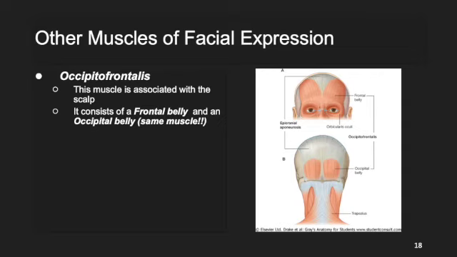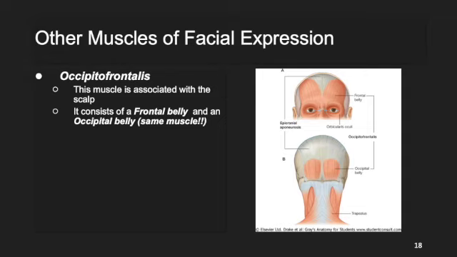So occipitofrontalis, really interesting muscle. Big thing to note with this one: this is going to trip up a lot of people. It trips up people every single year. Two bellies, one muscle, one really huge tendon that connects the muscle.